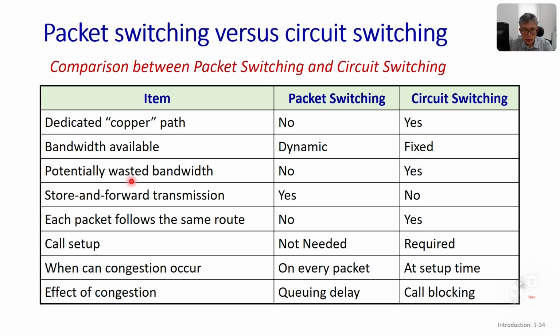Wasted bandwidth is less in packet switching, because they try to utilize it fully. For circuit switching, the bandwidth specified at the beginning is used. Sometimes the host doesn't send, and that channel is wasted.